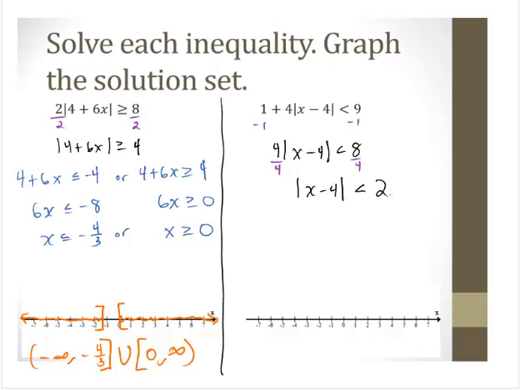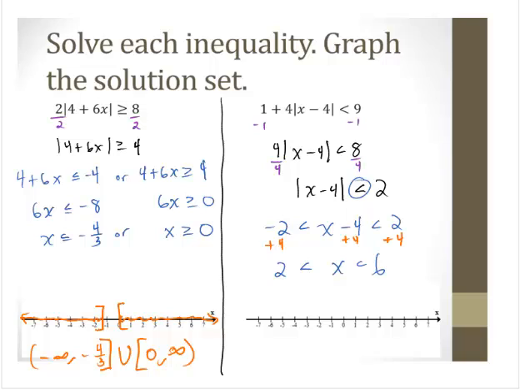Now I'll turn this into a three-part inequality. Since we have a less than inequality here with the absolute value, I will have the x minus 4 bounded on either side by negative 2 and 2. And now to solve for x, we'll just add 4 to all three parts, yielding 2 is less than x is less than 6.